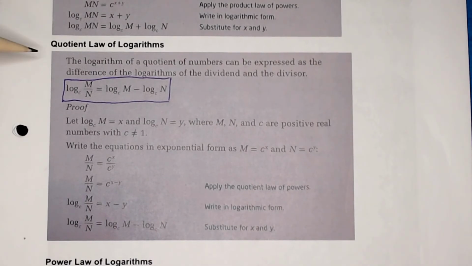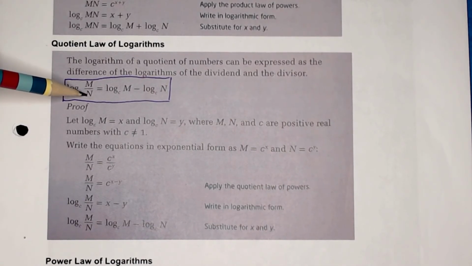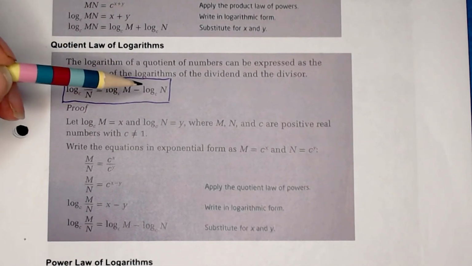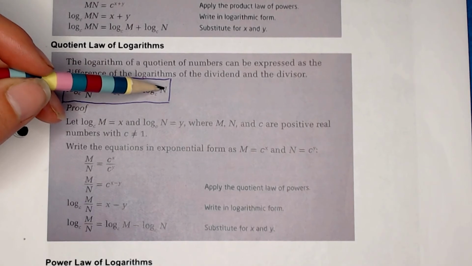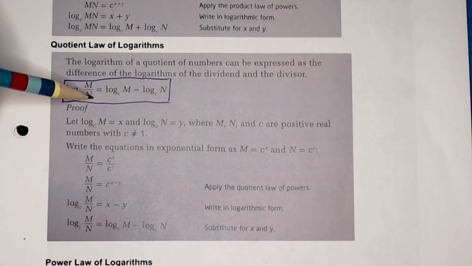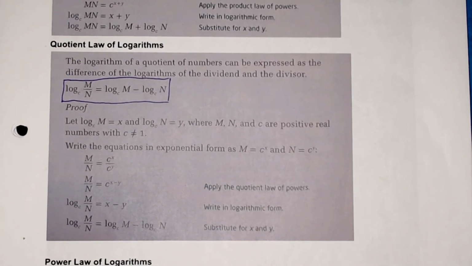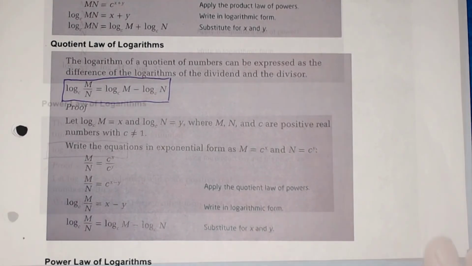The second law we have is the quotient law of logs. So similar to the one above, we have log c of m divided by n, and you can simplify that and break it apart into log c of m minus log c of n. So when you see division in that answer part, you can go ahead and expand it to this format.